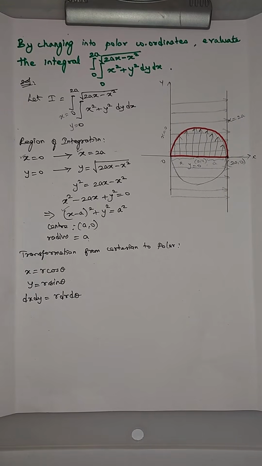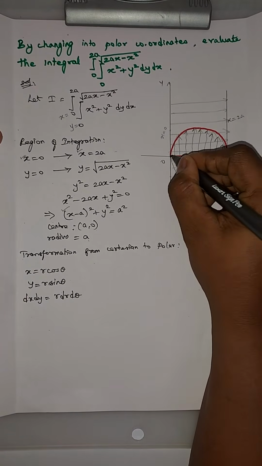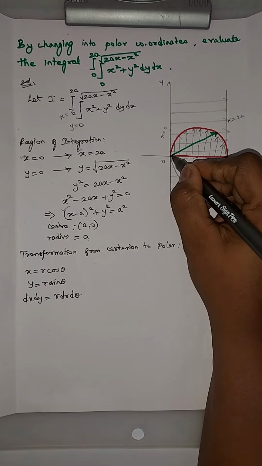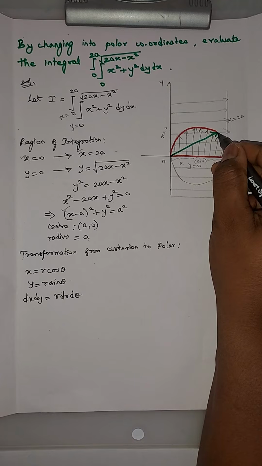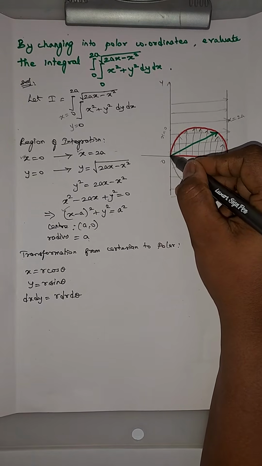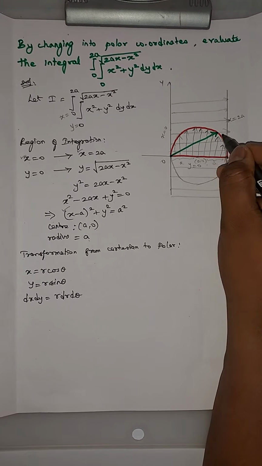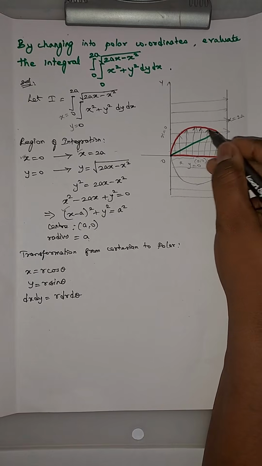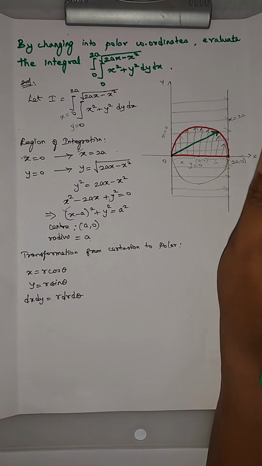Whereas in the case of polar, we consider a straight line from the origin to the curve. The initial point which lies on the origin becomes the lower limit. The final point where the line touches the curve, the equation of the curve, becomes the upper limit.